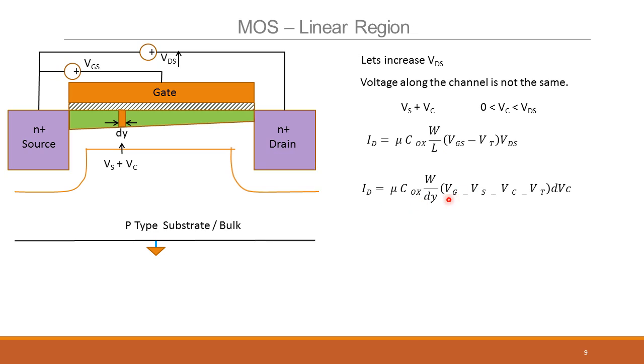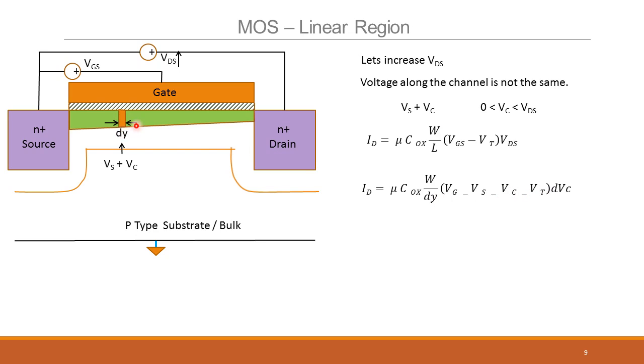VGS minus Vs minus Vc minus Vt, because VGS is nothing but Vg minus the voltage at this point, and the voltage at this point is Vs plus Vc. So Vg minus (Vs plus Vc), which is Vg minus Vs minus Vc, in excess of Vt, so minus Vt. That is done.